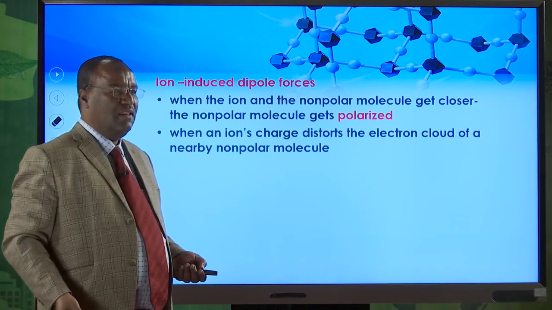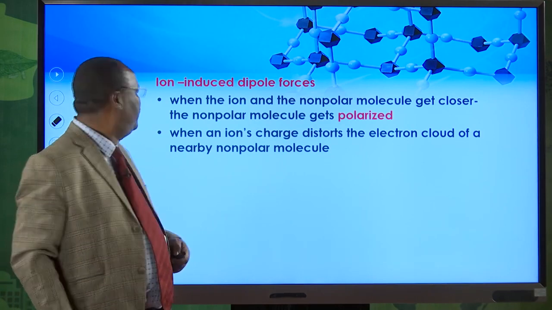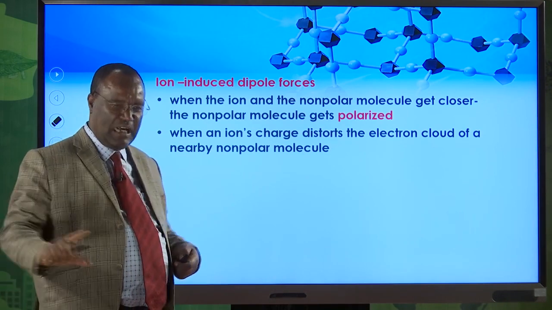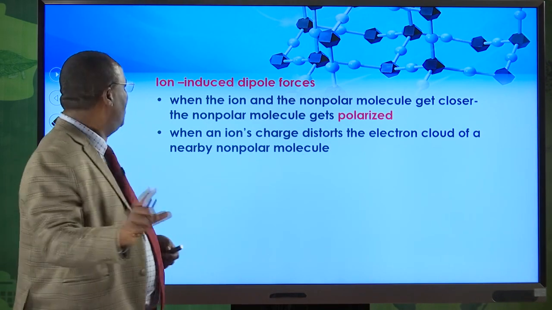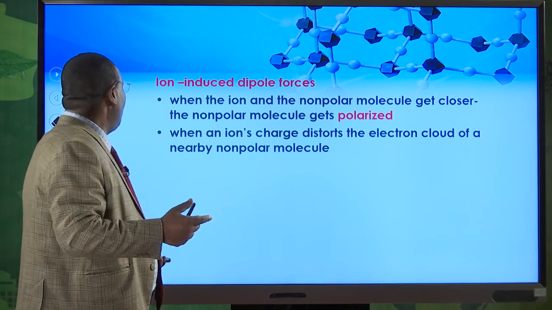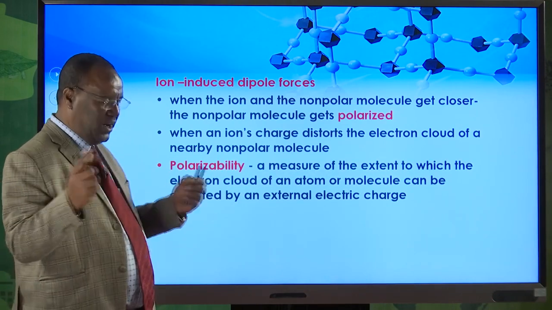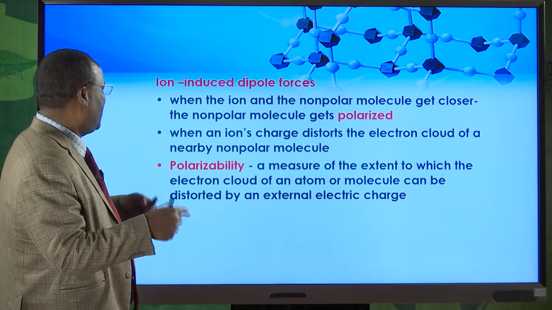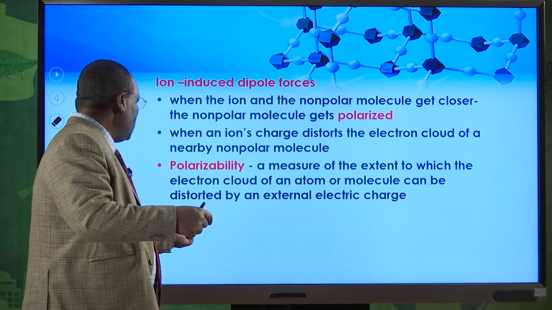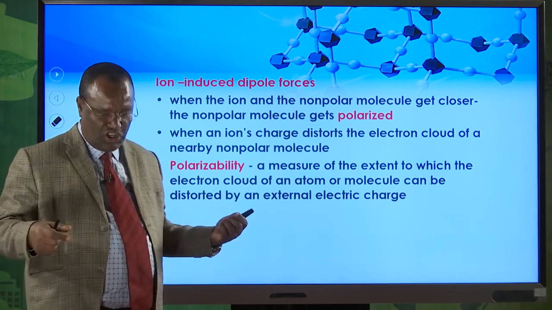When an ion's charge distorts the electron cloud of a nearby nonpolar molecule. So again, the nonpolar molecule is polarized. What is polarizability? Polarizability is the tendency, or the extent to which the electron cloud of an atom or a molecule can be distorted by an external electric charge.